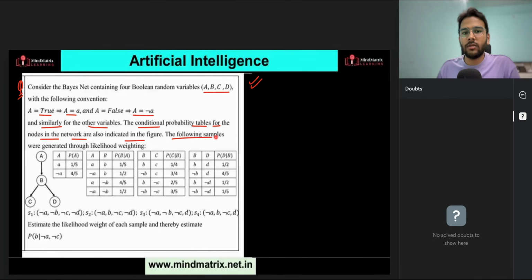As you can see, the following samples were generated through likelihood weighting. These samples, S1, S2, S3, S4. So there are 4 samples given to you already, and they are saying that these samples are generated through likelihood weighting.